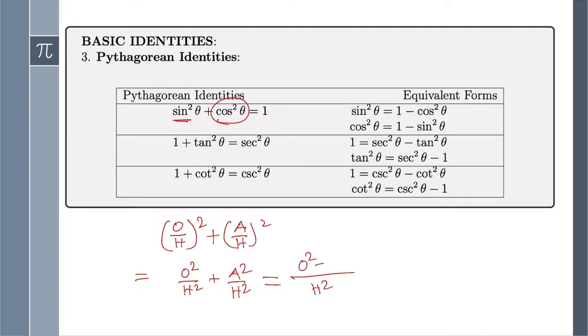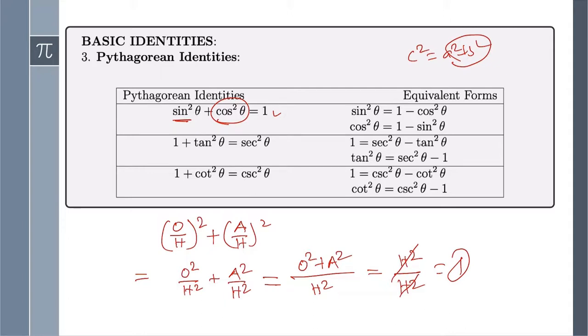Now O squared plus A squared, that means opposite squared plus adjacent squared, is the hypotenuse squared using the Pythagorean theorem. So the numerator is H squared, the denominator is H squared, they just cancel out and we get 1. So that's how we can prove this one, okay?